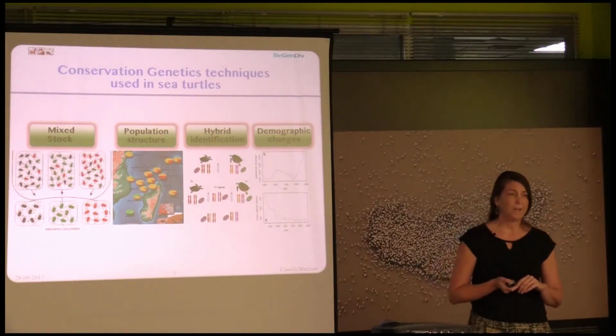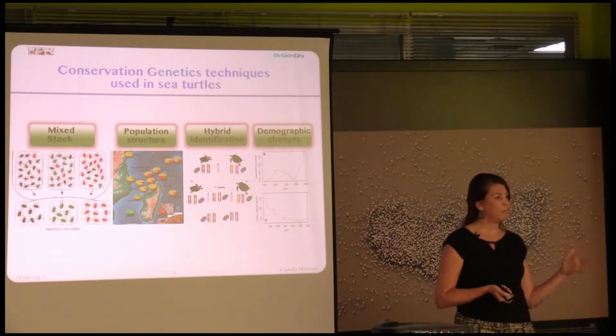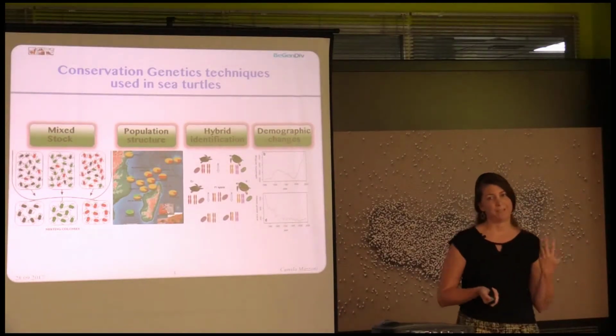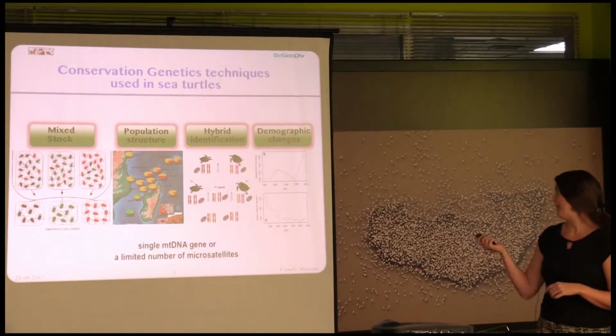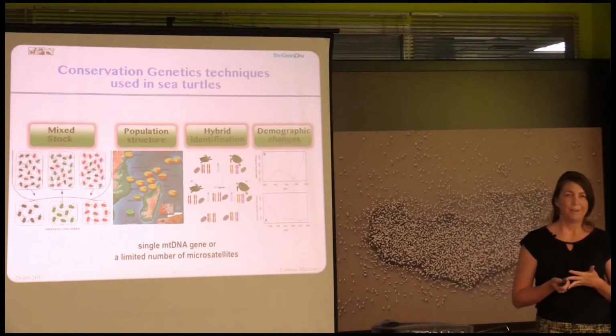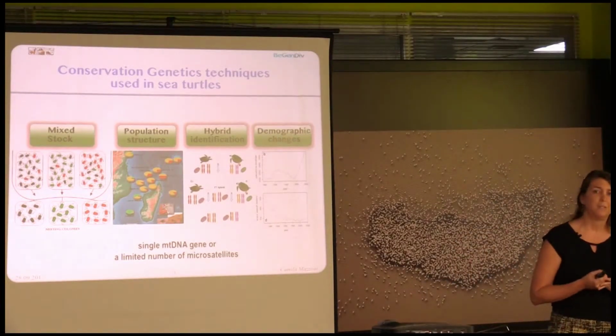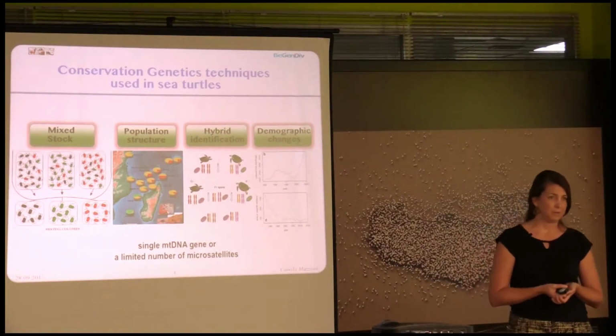And demographic changes over time are also important, especially recent demographic changes, if the genetic tools can help us to estimate them. The problem here is that most of it is done with single mitochondrial DNA genes or parts of the genes, or a limited number of microsatellites.